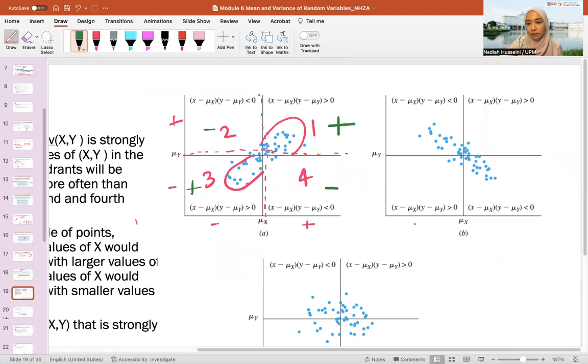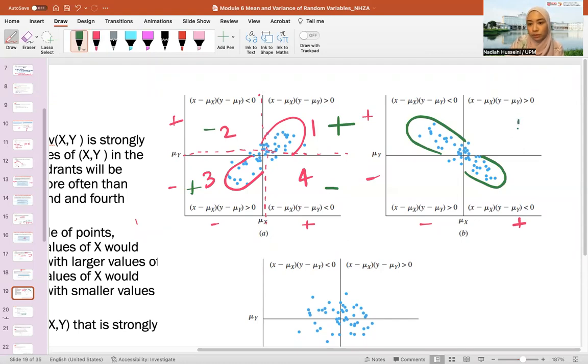So this is B. B is more spread out in the second quadrant and also in the fourth quadrant. And remember, this side over here is positive. So this is positive, negative, positive, negative.